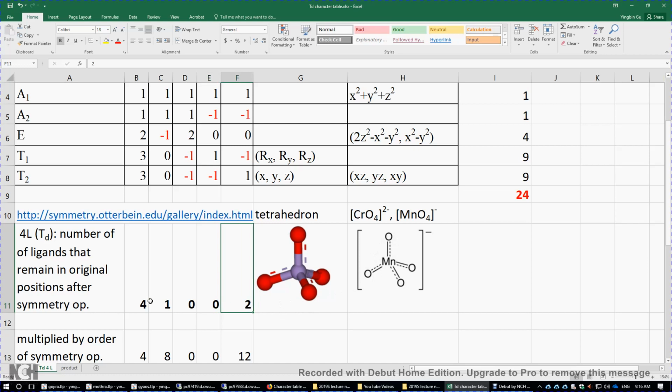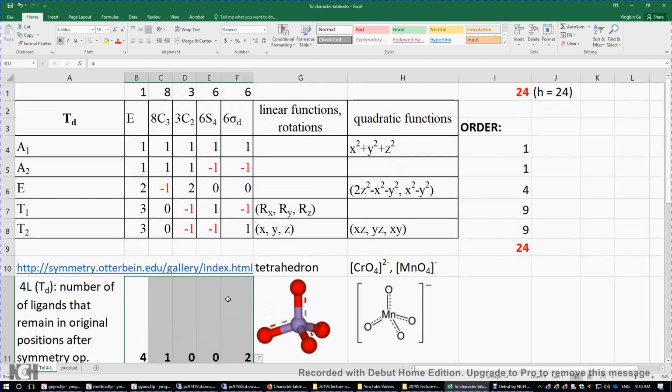All right, and then we have 5 numbers here. We multiply these 5 numbers with these 5 numbers here. Those are the number of symmetry operations for each class of symmetry operation. So 5 different symmetry operation classes: 1, 2, 3, 4, 5. 5 columns, 5 rows.